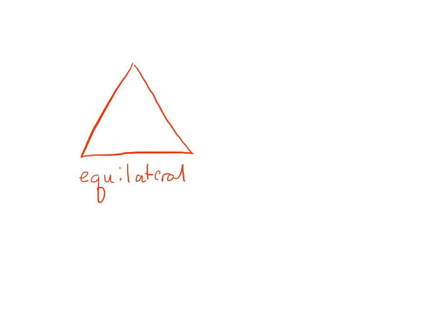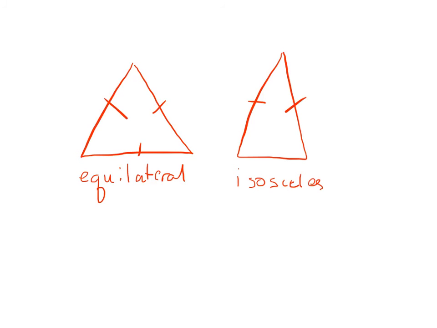The next type of triangle: all of these sides match, but what if I have two sides that match? This side matches this side, but not the third side. That is an isosceles triangle. And finally, you have what we call a scalene.